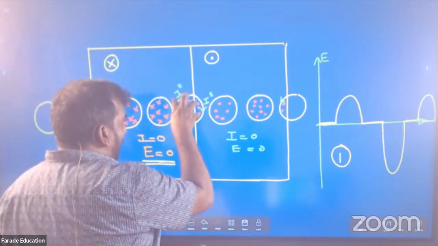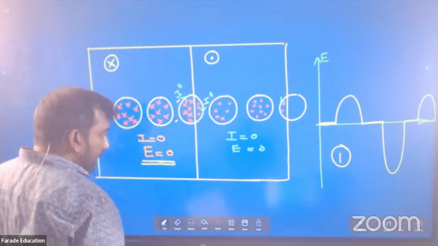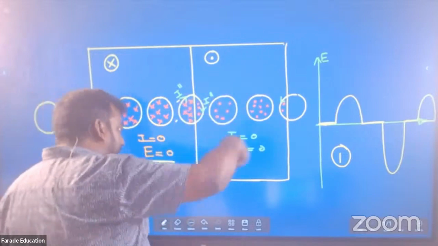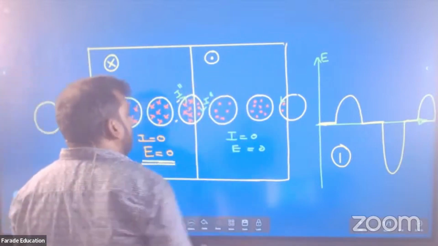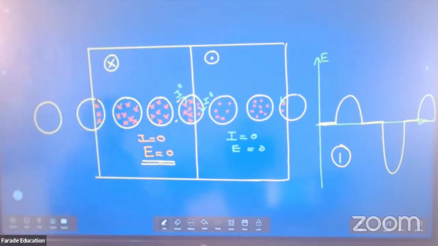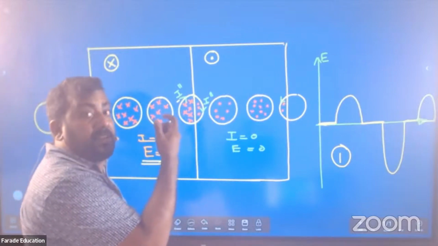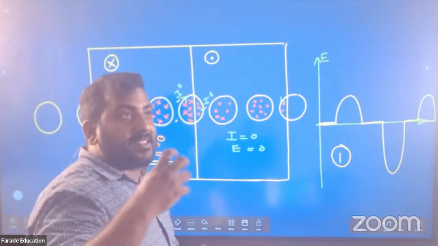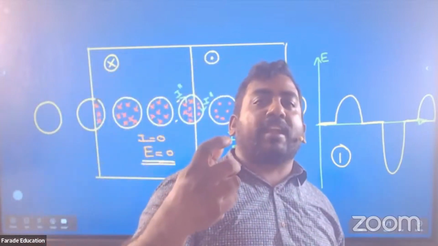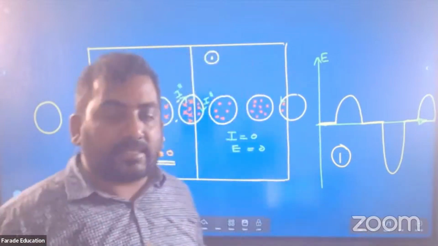Now, when the loop enters the next region, what will happen? The number of crosses will reduce, and the number of dots will increase. According to Faraday's law of electromagnetic induction, the EMF or the current should oppose this.